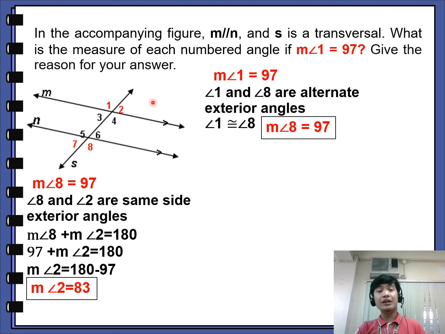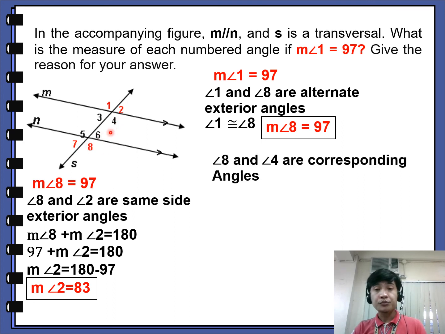Ngayon, ang gawin naman natin ngayon is yung mga angle sa loob. Ang ating hanapan ng measurement dito sa right side ng transversal. Kung i-relate natin si angle 8 sa isa sa mga interior angle sa loob, pwede nating sabihin that angle 8 and angle 4 are corresponding. Si angle 8 ay ipinartner natin kay angle 4.